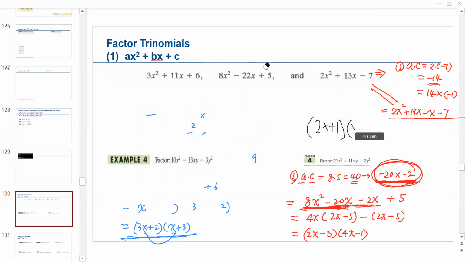Two x plus 1. Iris, long Iris. Oh, 2x plus 1, minus 1 or plus 1. I talk too quick.